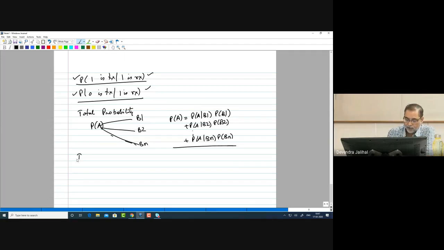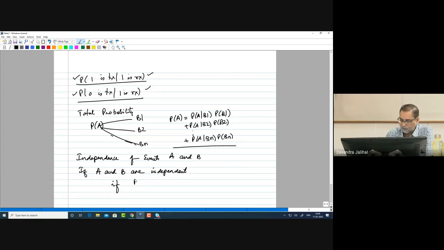A very important idea that we'll use is what is called independence of events A and B. A and B are said to be independent if probability of A intersection B is probability of A into probability of B. Then A and B are said to be independent events.